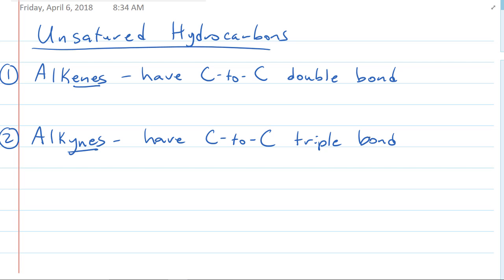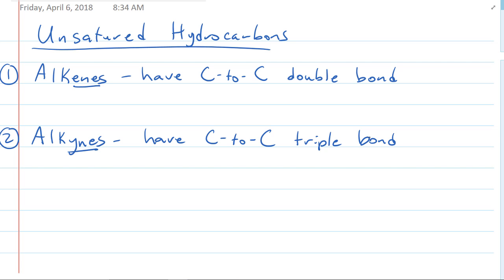If we open up the double bond in here, how many more hydrogens can we fit in? 2 more. So every time we put in a bond between 2 atoms, we are removing 2 hydrogens. And when we have a carbon-to-carbon triple bond, if I open this up, we can put in 2 more hydrogens.